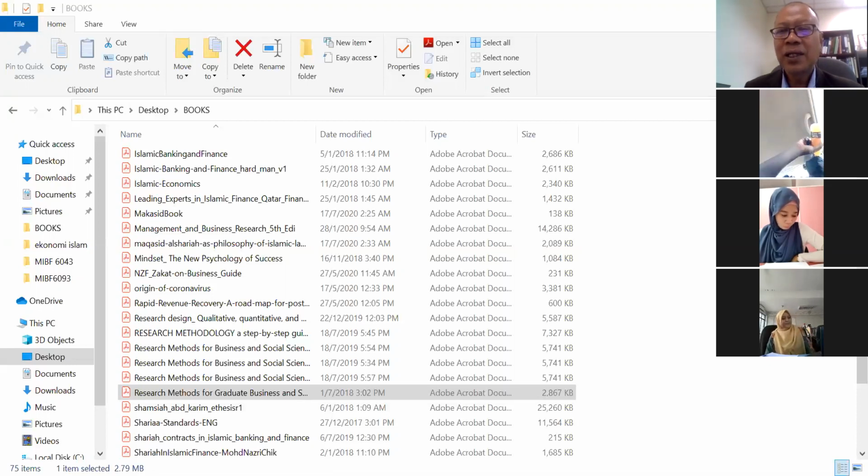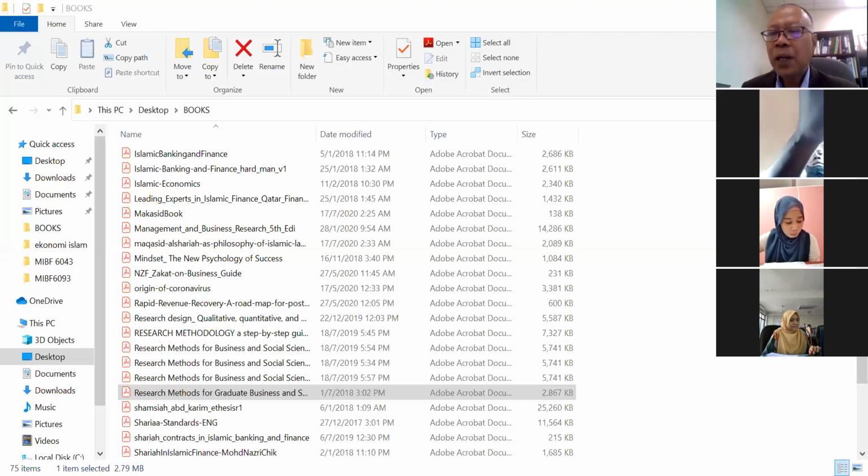So usually the principals in schools require certain teachers to do the action research in order to choose the best or the quality action, tindakan, the best action that should be taken in order to plan, strategize, and implement certain policy.